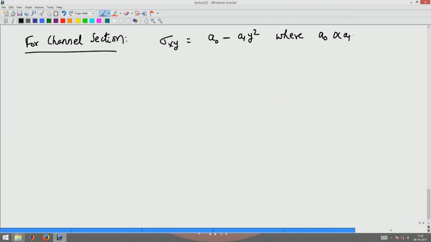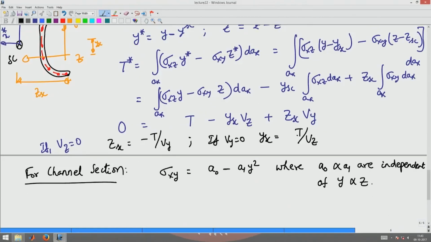So coming back here, I can write this as some function of a0 minus a1 times y square, where a0 and a1 are independent of y and z, the coordinate positions. Now what am I interested in? I am interested in finding integral sigma xy into z dAx.